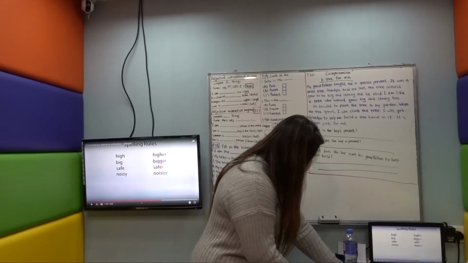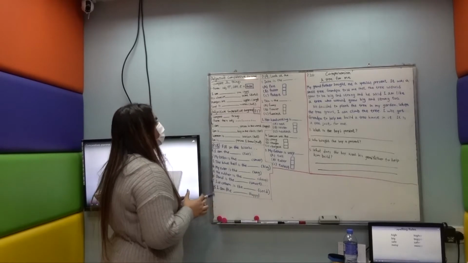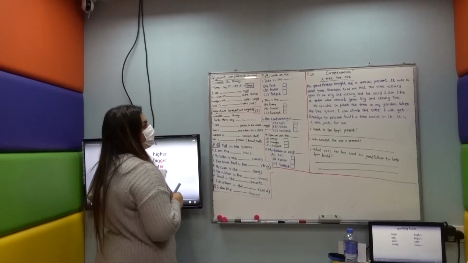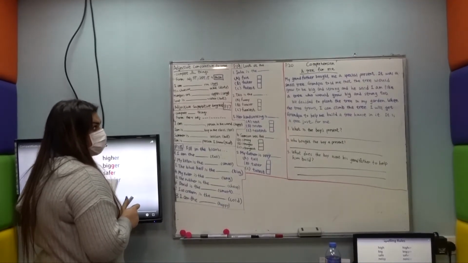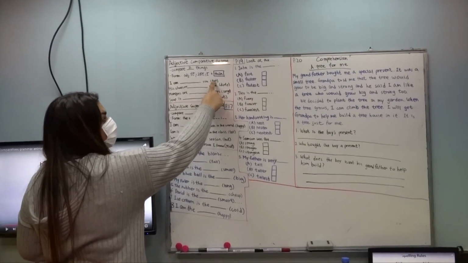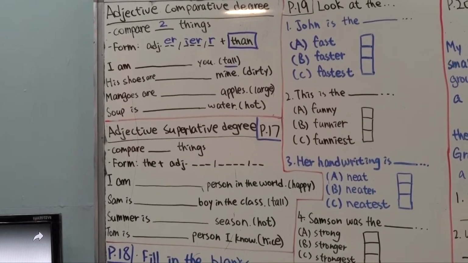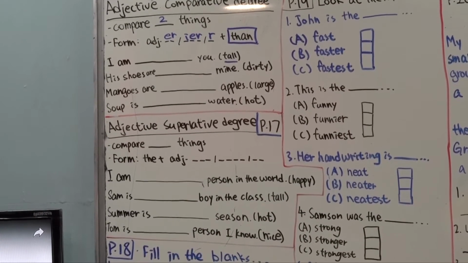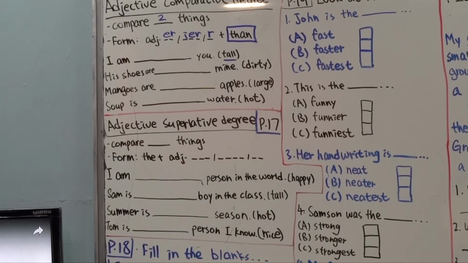Moving on. Okay. So here is I am what you. Tall. So remember, whenever we have to change the adjective, we look at the last two letters, right? Tall ends with LL, right? Is letter L a vowel? Remember what's a vowel? It's A-E-I-O-U, right?